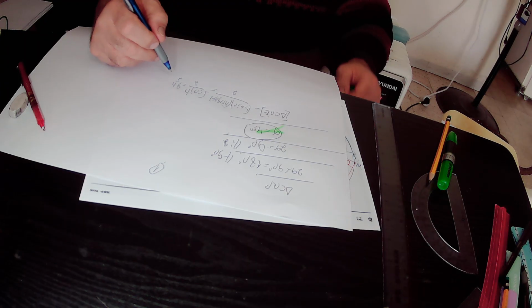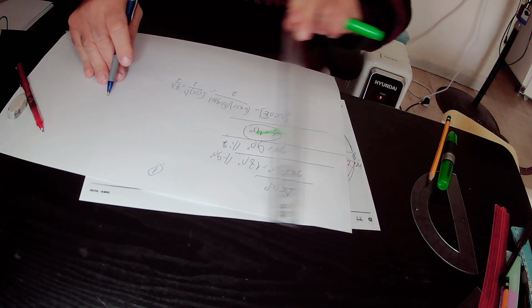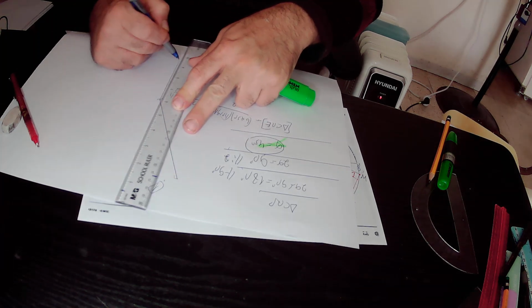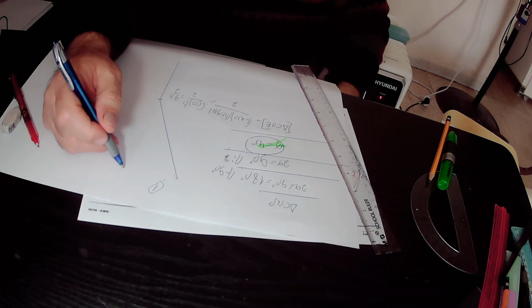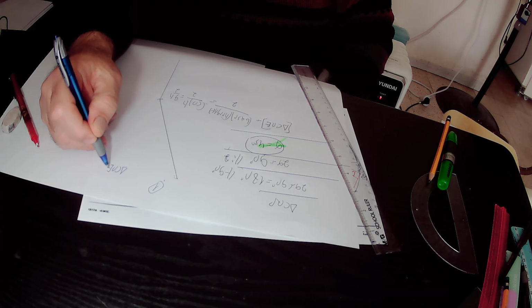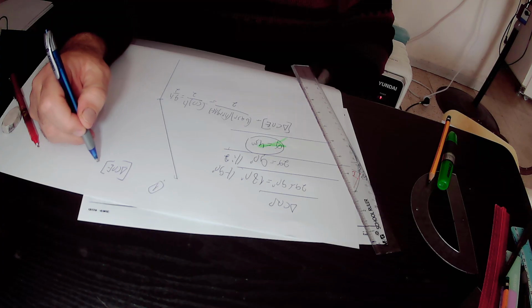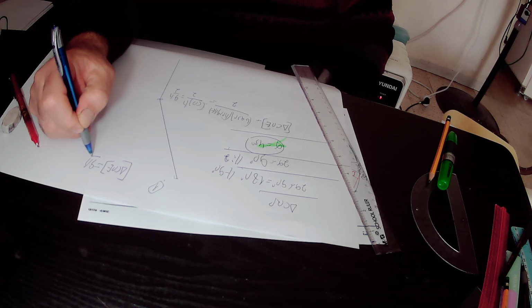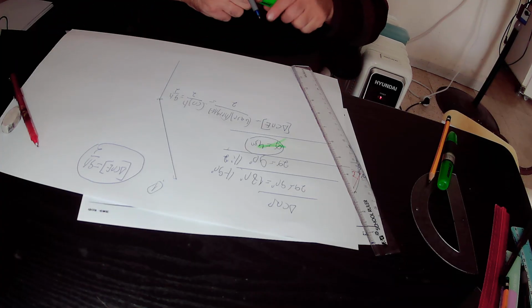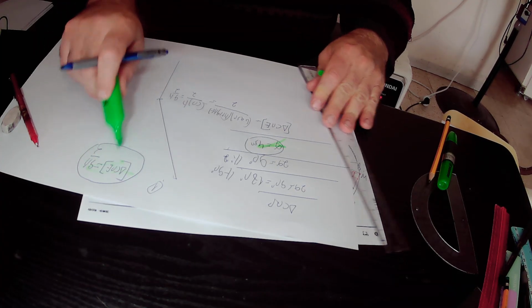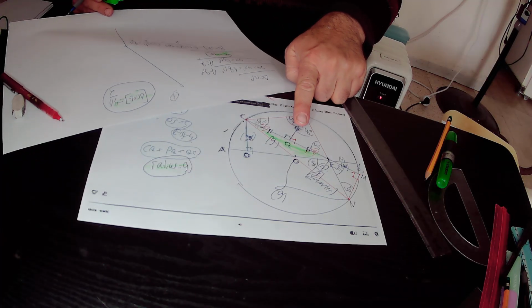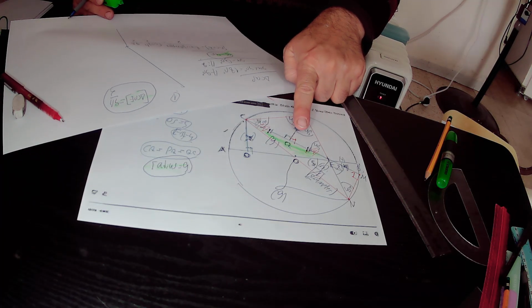In total, the area of the green triangle COE is equal to 9h over 2 square units.